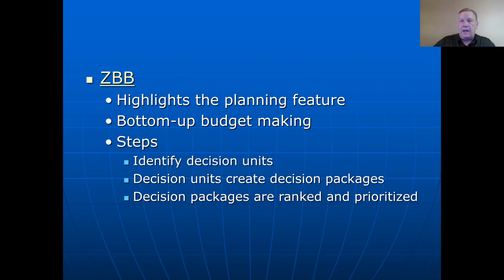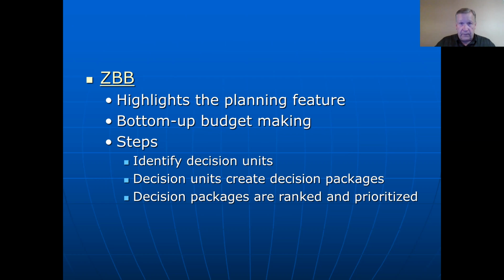But as you look at the transition we went through from line item to performance to program to zero-based budgeting, it's important to note that it really is marked by a movement toward rationality, moving away from incremental decision-making and moving toward incorporating more and more information into our budgets and our budgetary process.